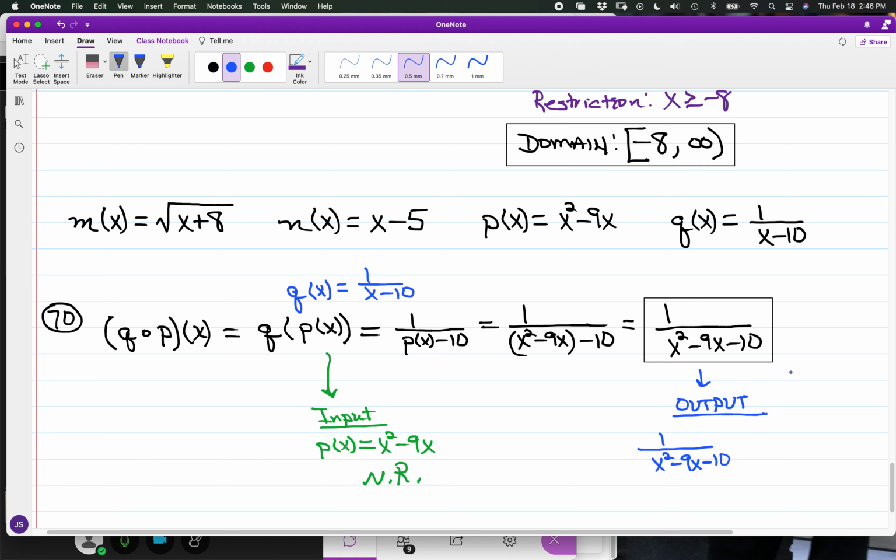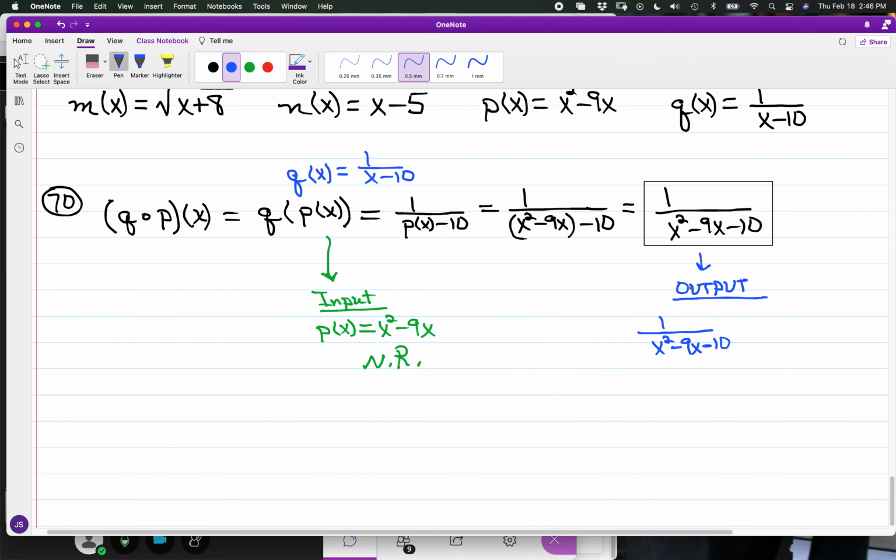Because we have the variable expression in the denominator, we cannot have the bottom part of the fraction equal to 0. So looking at factoring, x squared goes to x and x. Factors of negative 10 that will add up to negative 9 are a plus 1 and a minus 10.